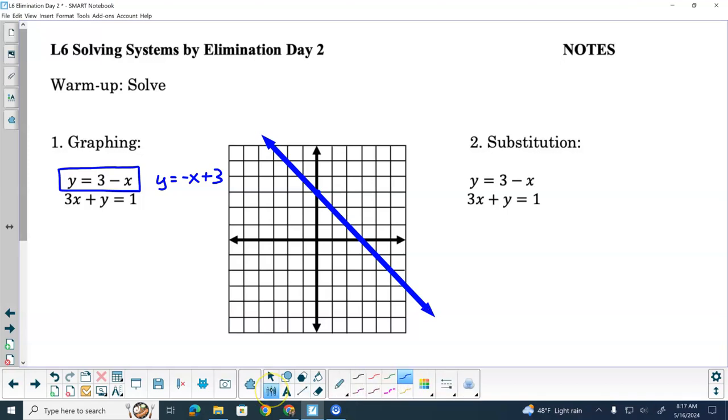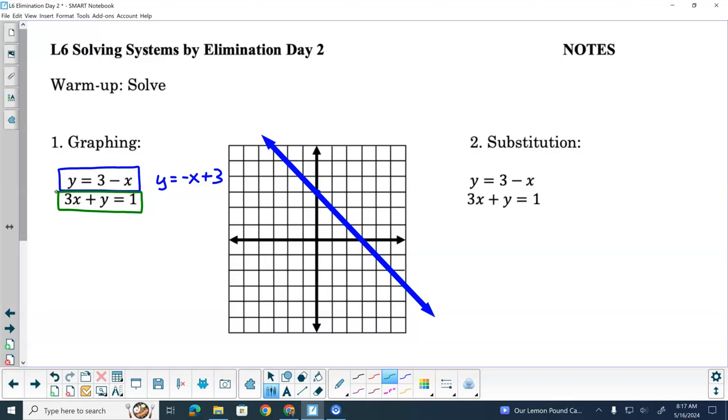Do we like the green one as it's written? Why not? I gave you a hint in the blue one. That's why we want to write it that way.